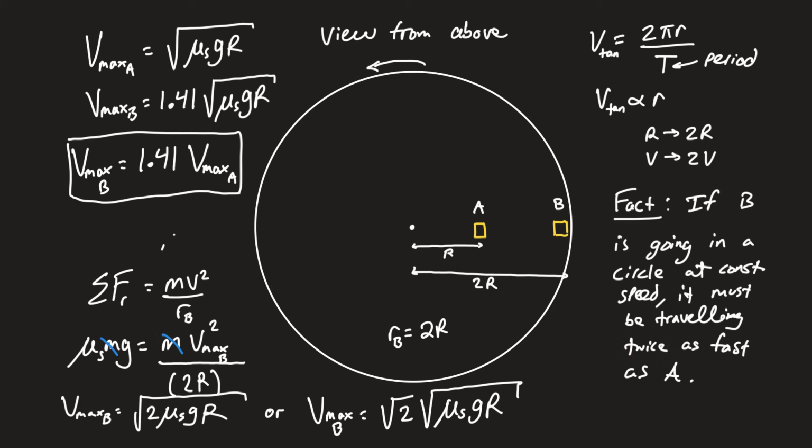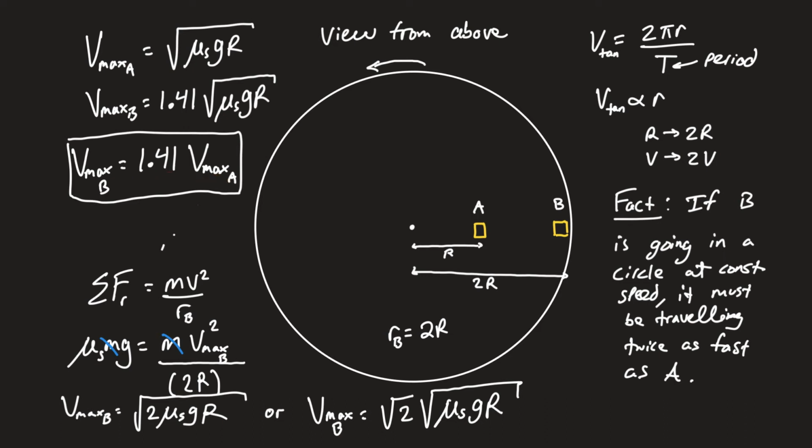It's not possible because of the way friction is working. It has to be true over here to go in a circle, but the physics of friction combined with circular motion is absolutely not allowing us to get up to twice as fast. It's only allowing us to get up to 1.41 times as fast as A.